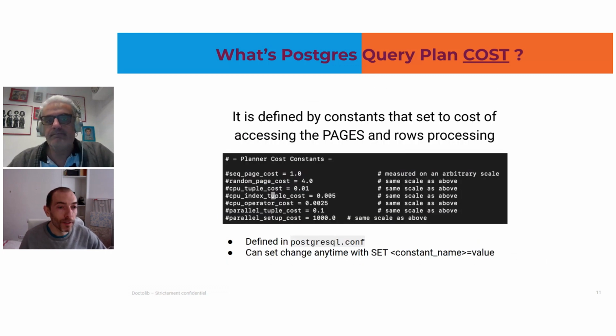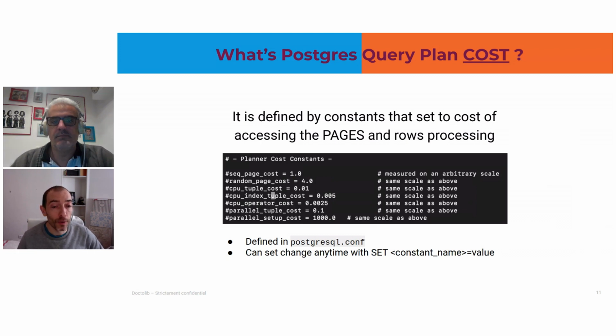Okay, cool. Thanks for this explanation. On top of the cost, without going too deep into the details, the cost is a computation, and the computation is going to be different depending on the access method. It is based on a set of constants that you can see here.